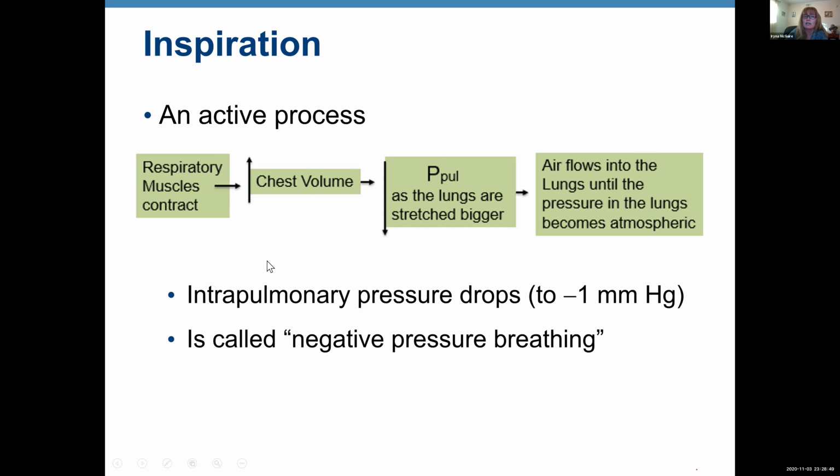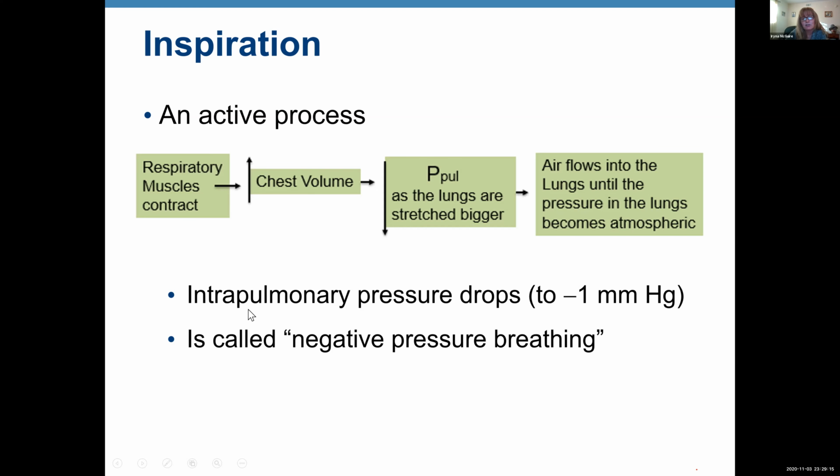So inspiration is an active process. Respiratory muscles contract, chest volume increases, pulmonary pressure decreases. Now we have pulmonary pressure that is less than atmospheric pressure, so air flows from the atmosphere inside the lungs and alveoli. It's called negative pressure breathing.